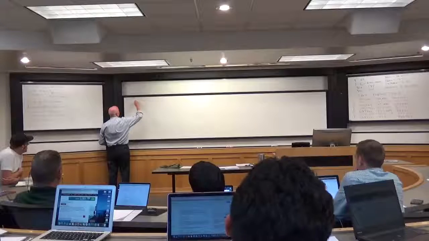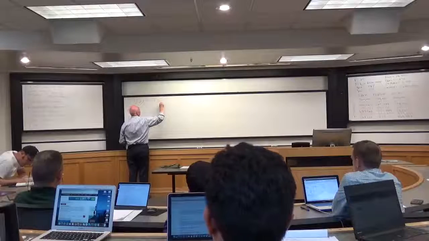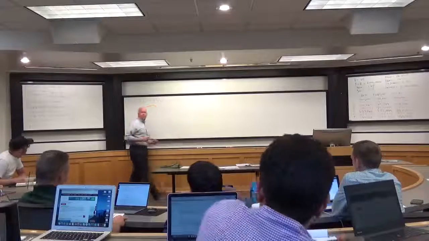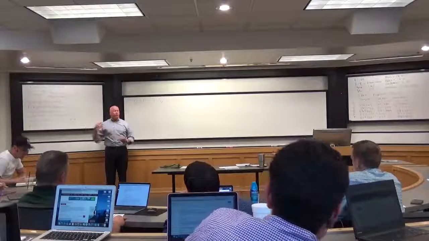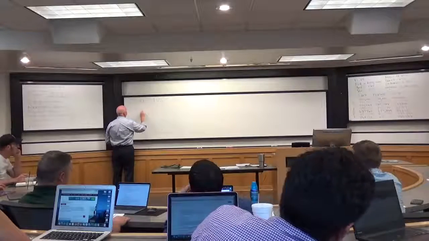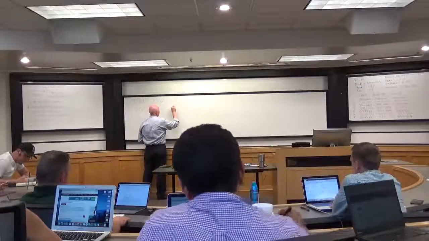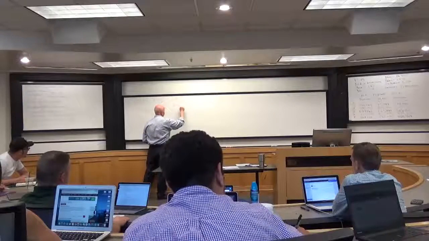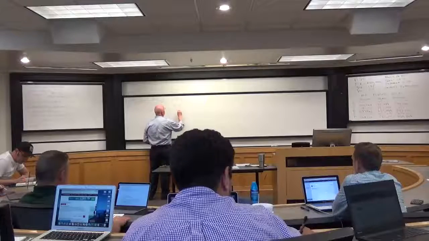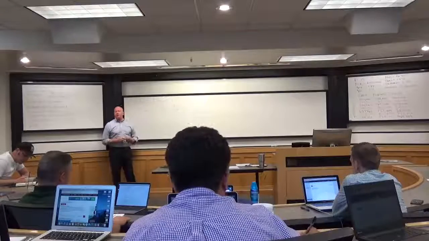So the value is equal to the present value of some discounted cash flow plus the present value of some continuing value, right? That's the simplest we can break this thing down. And the present value of the discounted cash flow is going to be the sum of the free cash flow at time i, being any period, divided by 1 plus some discount rate to the exponent of time.